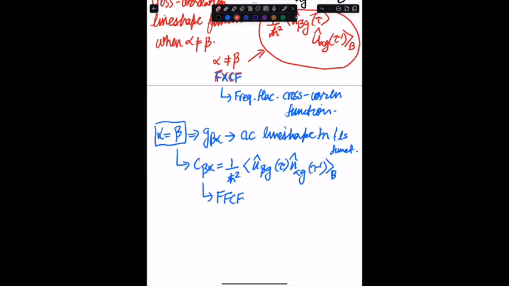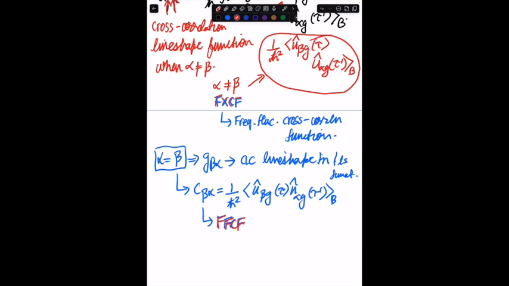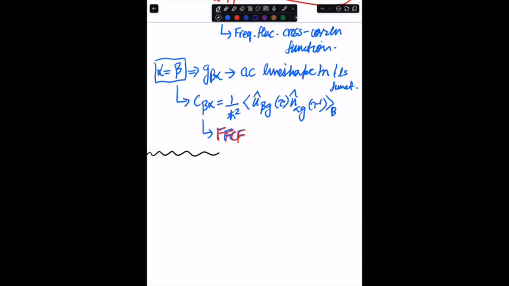And I have introduced this in the previous lecture, where we calculated the linear spectral line shapes. It's known as the FFCF, where you track the correlations in the frequency fluctuations of one transition. In the FXCF, you're tracking the fluctuation in transition frequencies of two distinct or separate transitions. So that's important, and I wanted to introduce this notation to you guys.